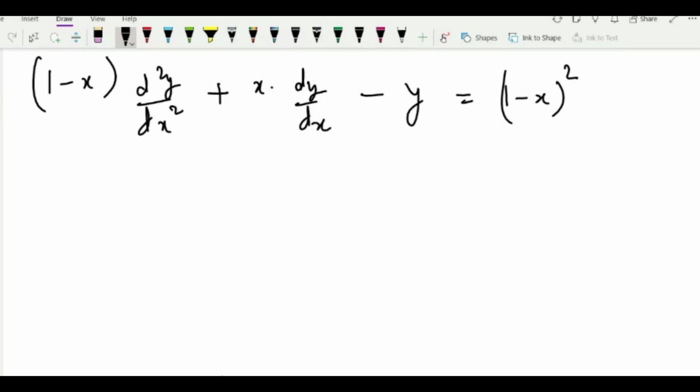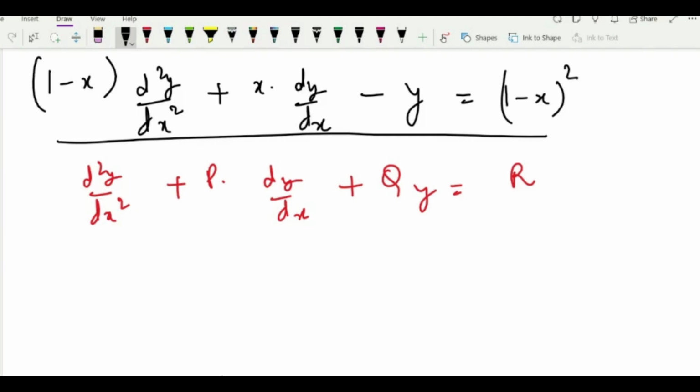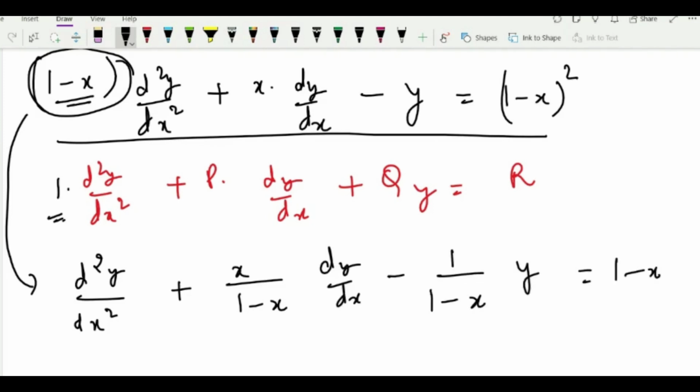First of all, we have the standard form of equation as d²y/dx² + p dy/dx + qy = r, some non-homogeneous function. So first we have to write this equation into standard form. How can we write it? We have to make the coefficient 1. So divide this whole equation by 1 - x. We can write this equation as d²y/dx² + (x/(1 - x)) dy/dx - (1/(1 - x)) y = 1 - x.